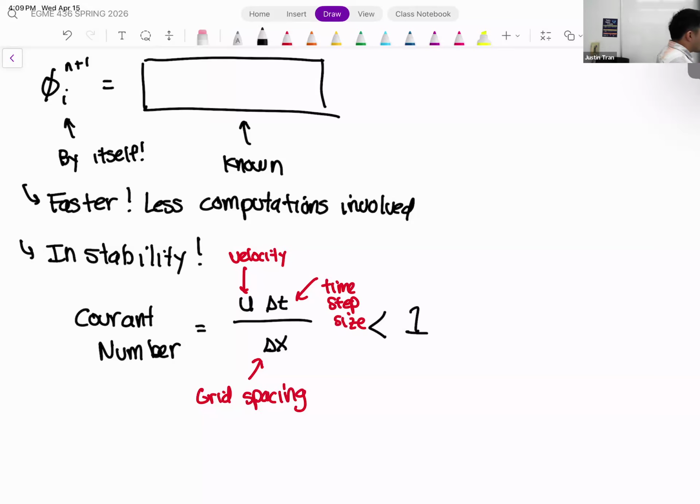Okay. Any questions? So far, we've been working with only velocity in one direction. Yep. If you have velocity in another direction. Right, it's a great question. So this velocity here is actually velocity magnitude. So you would take your velocity vector, even if there are multiple components, and you would take the magnitude of that.